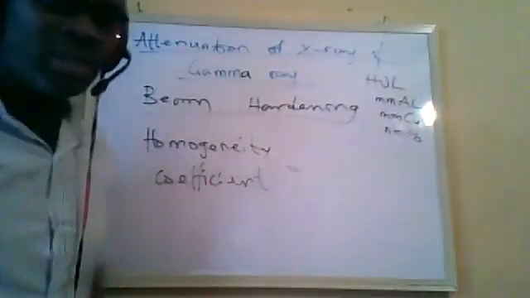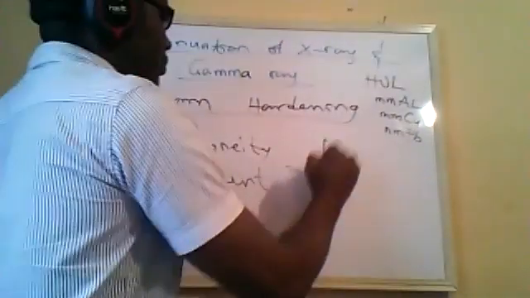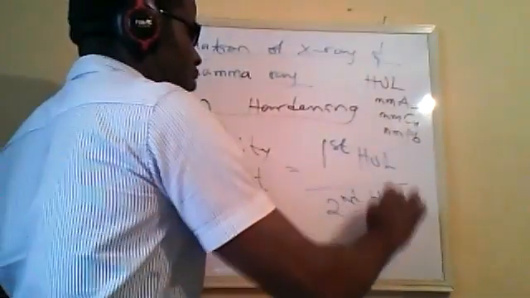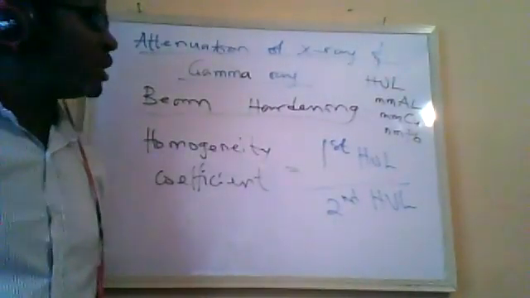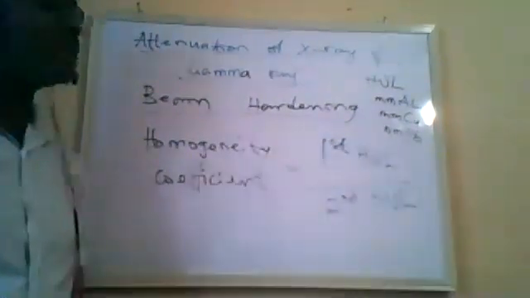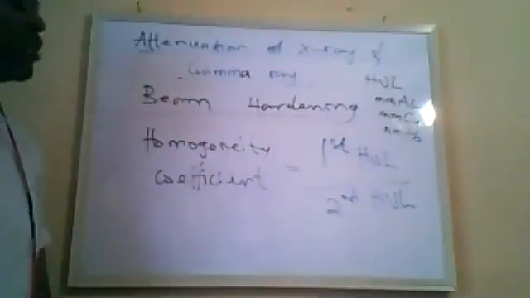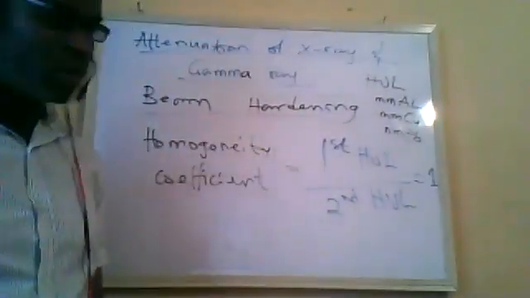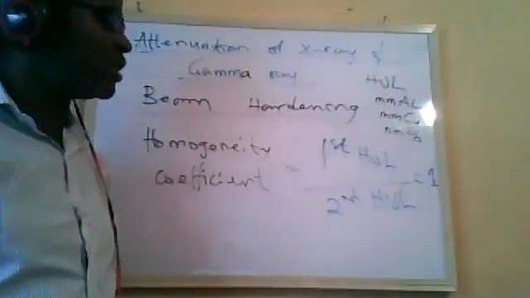It is simply the first HVL over the second HVL. For a monoenergetic beam, the first HVL over the second HVL is always equal to 1. The first HVL and the second HVL will always give us 1.